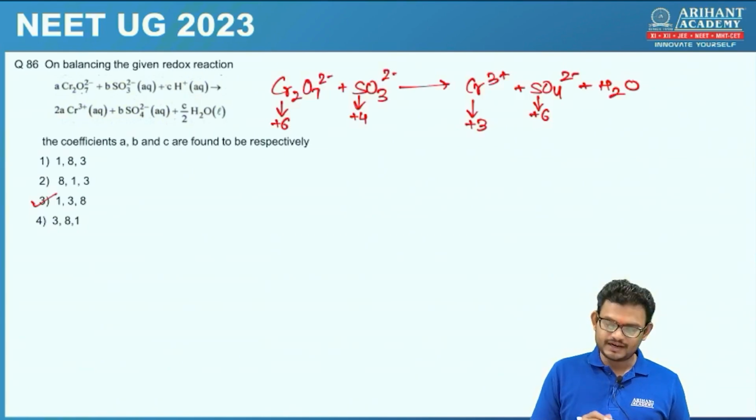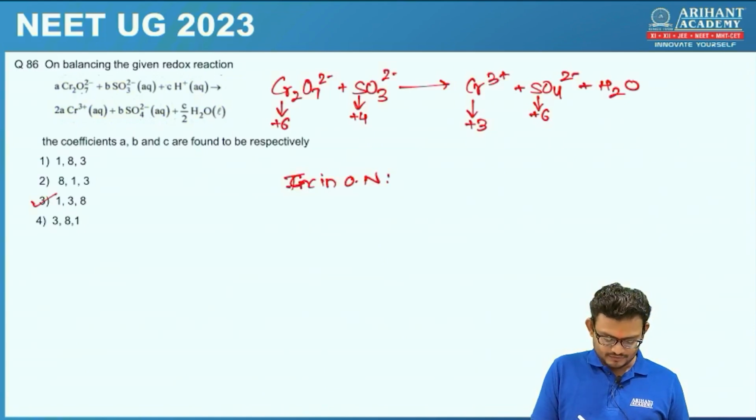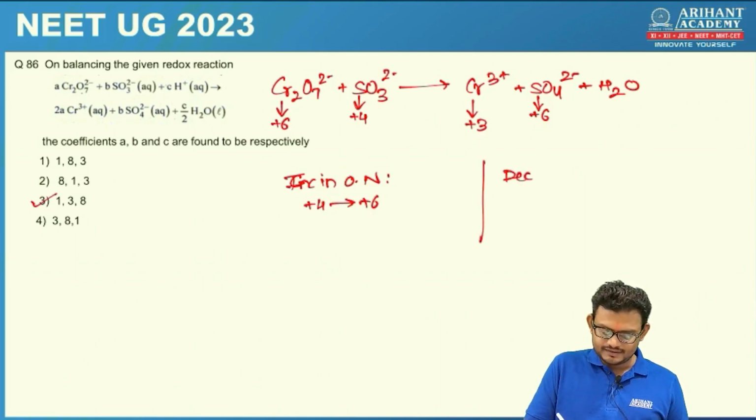Now let us try to find out the increase and decrease in oxidation number. So chromium, if I find out the increase in oxidation number, the increase in oxidation number is from +4 to +6, and the decrease in oxidation number is from +6 to +3. This is for one chromium.